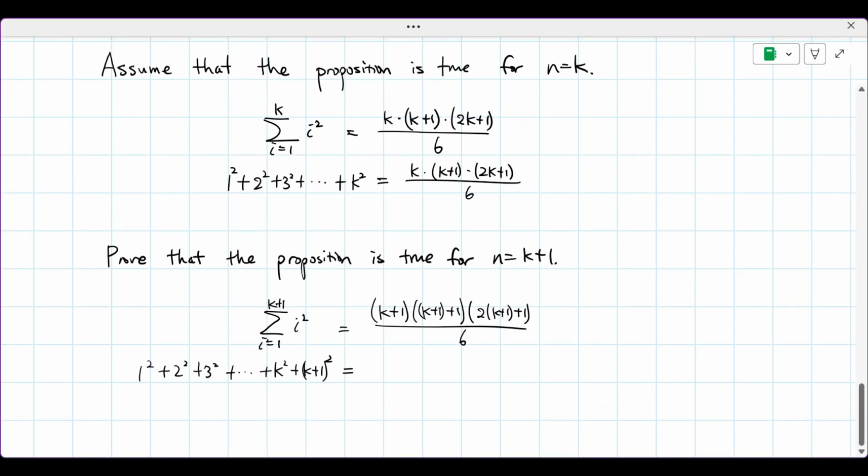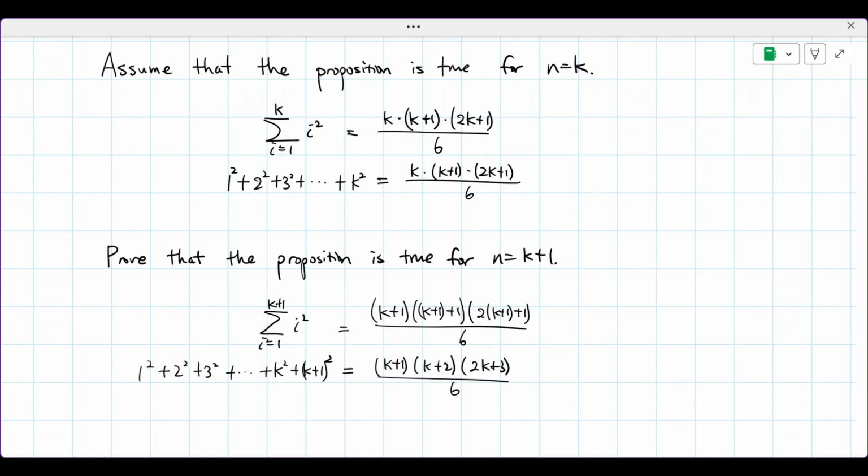And I think I can also simplify the right-hand side slightly. I can say it's going to be k plus 1 times k plus 2 times, if I expand this, 2k plus 2 plus 1, so 2k plus 3, divided by 6. Now, a reminder: when you're doing the last step, trying to prove the proposition is true for n equals k plus 1, we always want to make sure that we're using the assumption we just made from the previous step.